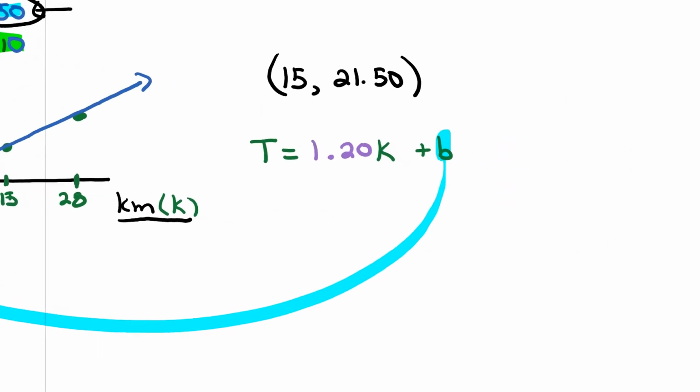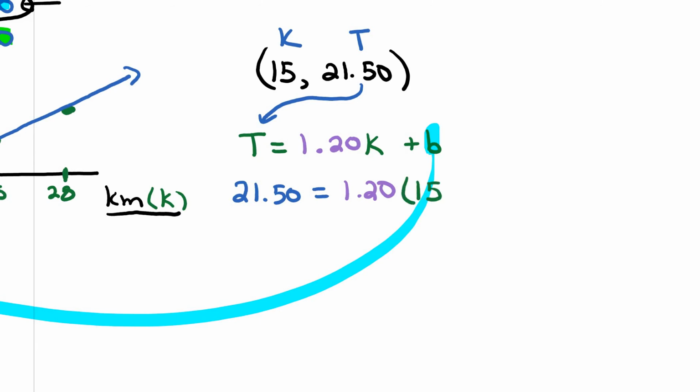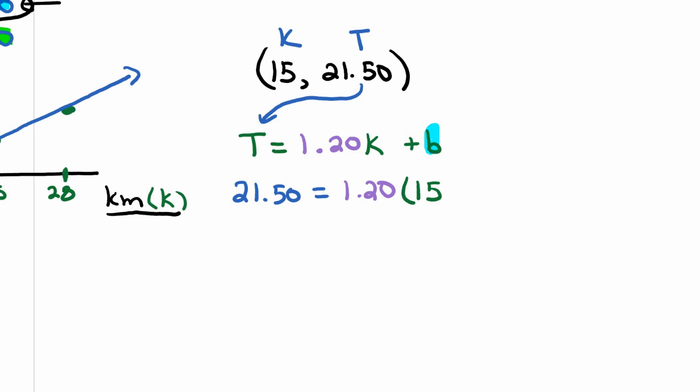We can use that point to help us find b. This is your T value and this is your K value. So $21.50 equals $1.20 times K, which is now 15, plus b. Let's solve for this.